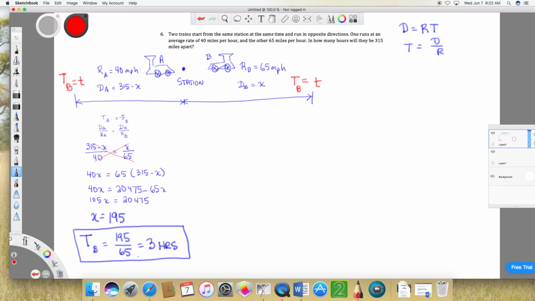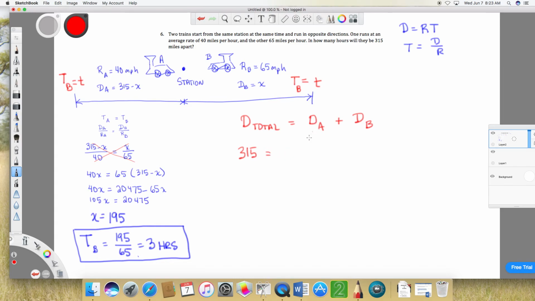But instead of setting the two times equal to each other, what if I looked at it as the total distance that the trains have traveled is the distance that train A has traveled plus the distance that train B has traveled. And they have told me that total distance was 315 miles.